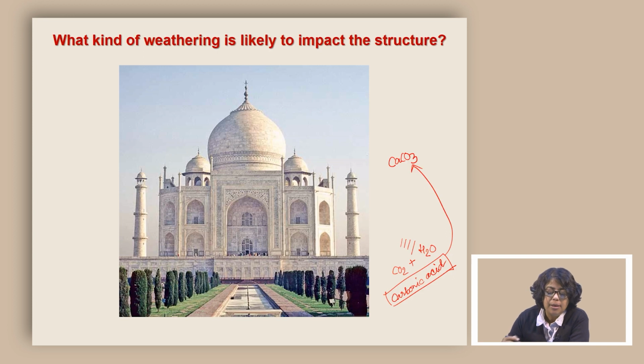Now, around the Taj Mahal, this would be one process which will be operating for quite some time, and this will slowly corrode areas which already have some cracks or some unevenness to them, because we know that physical weathering actually helps chemical weathering.